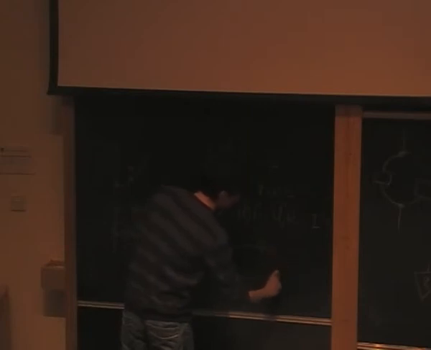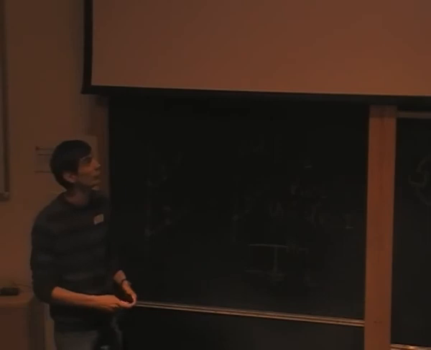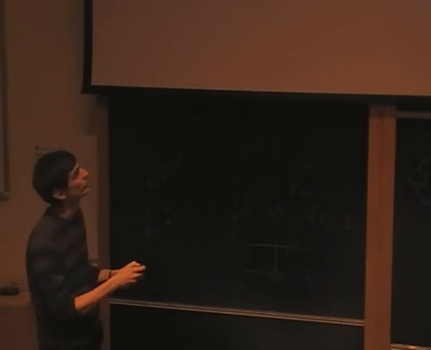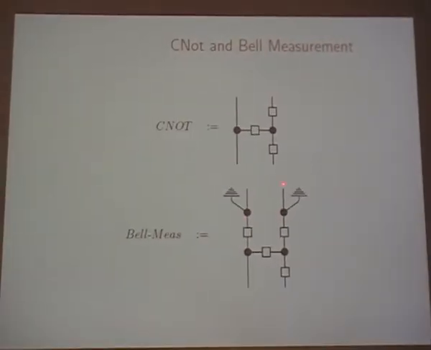Just apply C0, then H on the control qubit, followed by measurement in the standard basis. This is one way to implement the Bell measurement, and this is exactly what we are doing here. Here it's the C0, here it's H, and then followed by the one-qubit measurements in the standard basis.